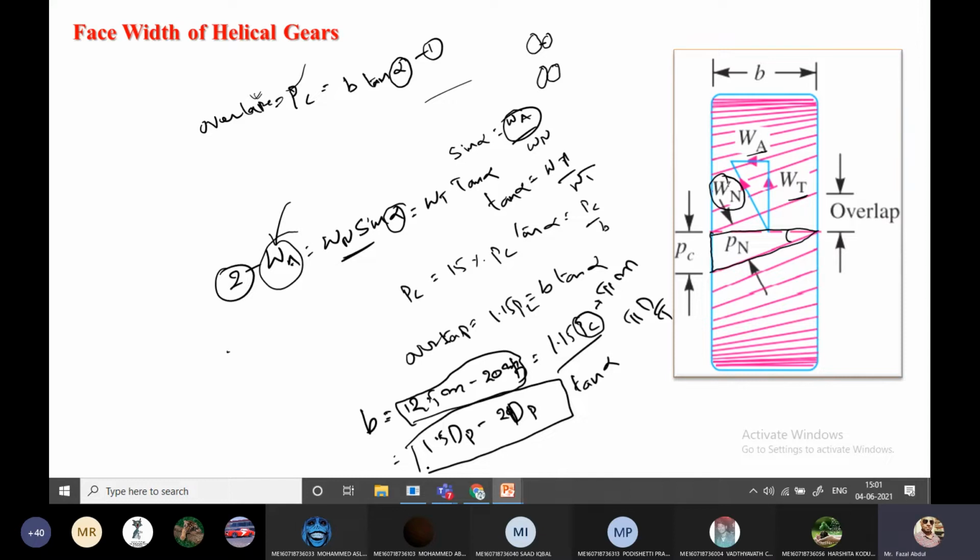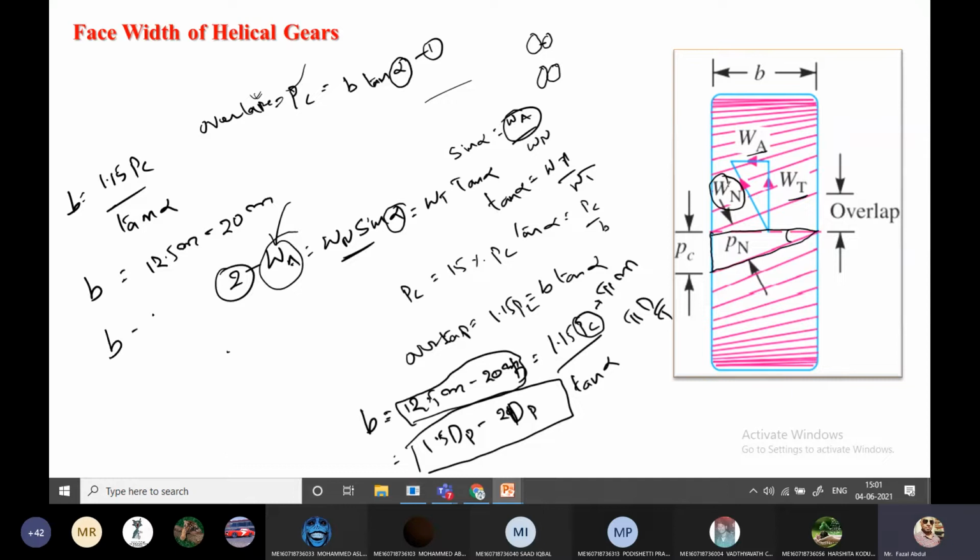Okay, so see here how many relations we have for calculating the face width. I am writing separately here, the first equation is B equal 1.15 PC by tan alpha. This is the one equation we have to calculate B, and now the B value we can also calculate with this relation, that is 12.5 module to 20 module.